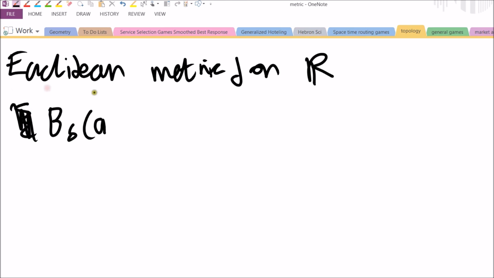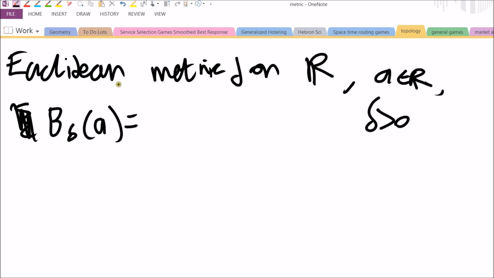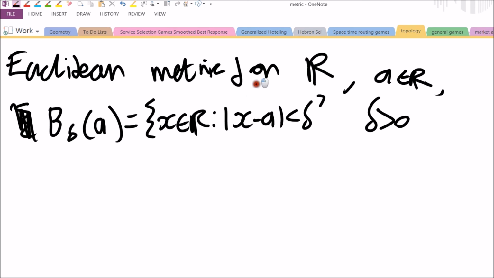Okay, so let's just recall an open ball of radius delta around a point A in the reals. It's going to be equal to the set of all x in the reals such that the absolute distance between x and A has got to be less than delta.